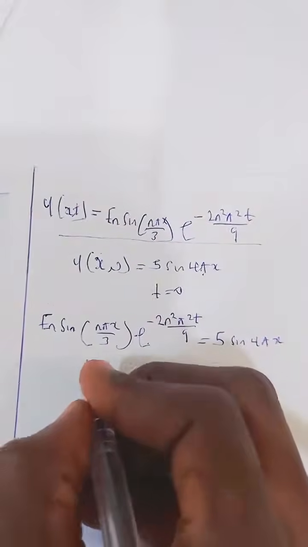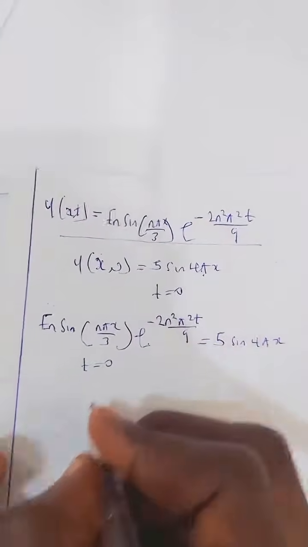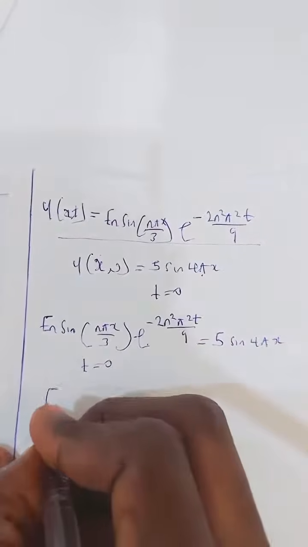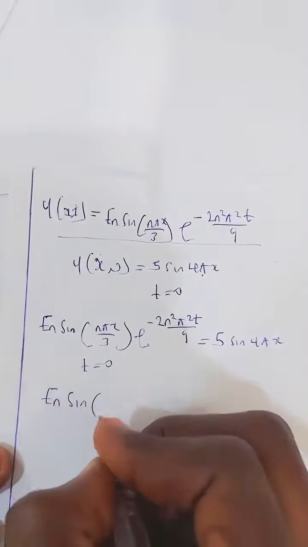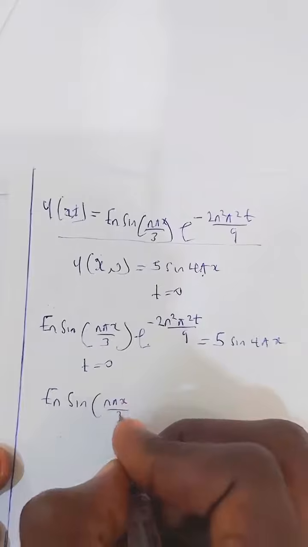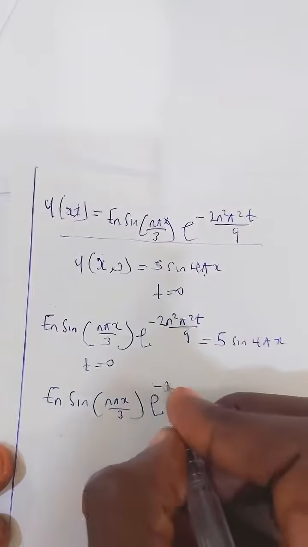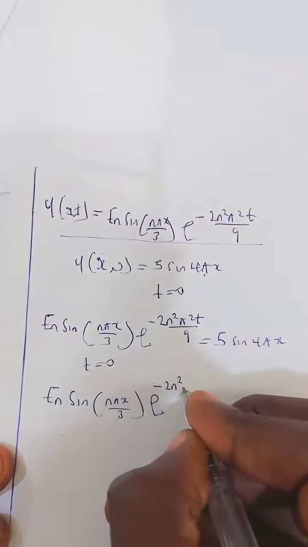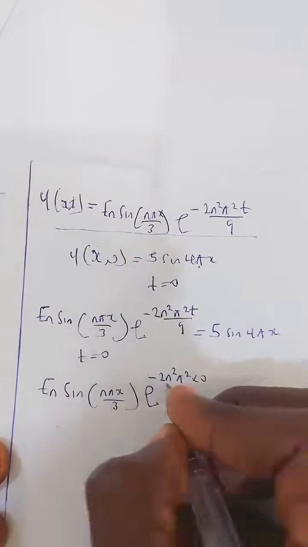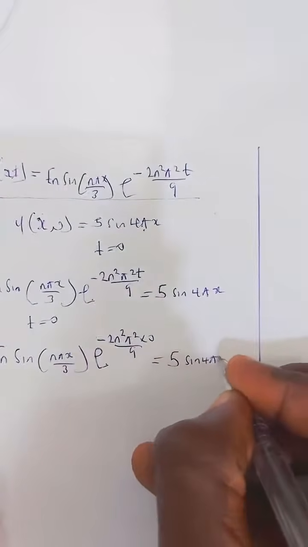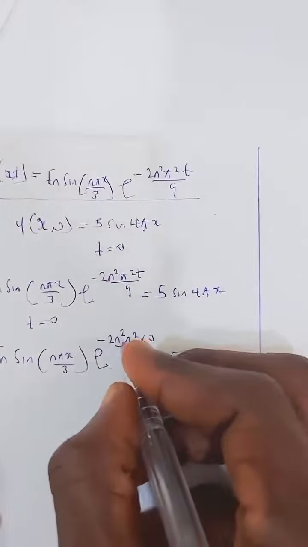This becomes, when t equals 0, meaning anywhere I see t, I substitute 0, just like the way we did for the boundary condition. So this becomes e sine all into brackets n pi x over 3, and of course I have exponential negative 2n squared pi squared multiplying 0 over 9, equating that to 5 sine 4 pi x, and the whole of this exponential gives me 1.